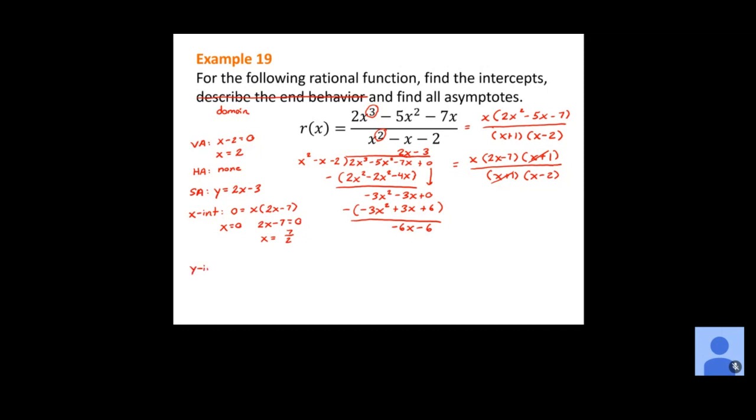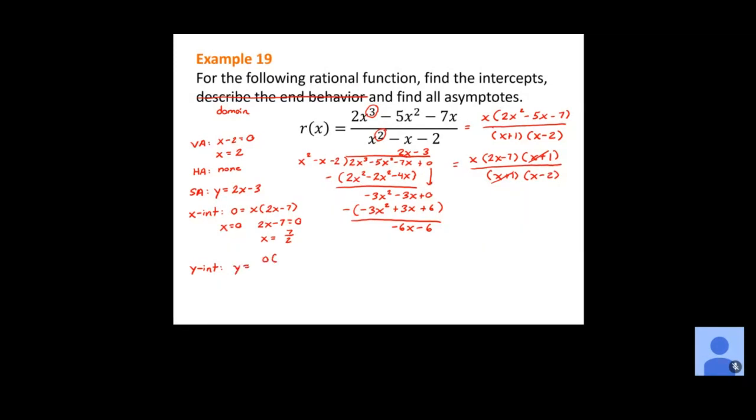All right. What about y-intercepts? How would you find a y-intercept now? Just plug in 0 for x, right? So I'm going to take my function here. I'm going to plug in 0 for the x. And it doesn't really matter where we do that. I'm going to do it in that factored form again.